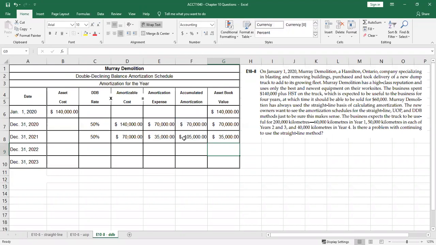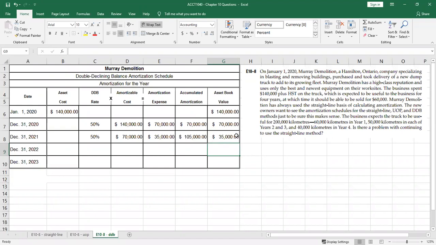Okay, I'm going to stop there because here's a big red flag. As we calculated the asset book value to be $35,000, maybe you caught it. In case you didn't, let's talk about this. Remember what we said. We said that the asset book value must be $60,000 in order to account for its residual value.